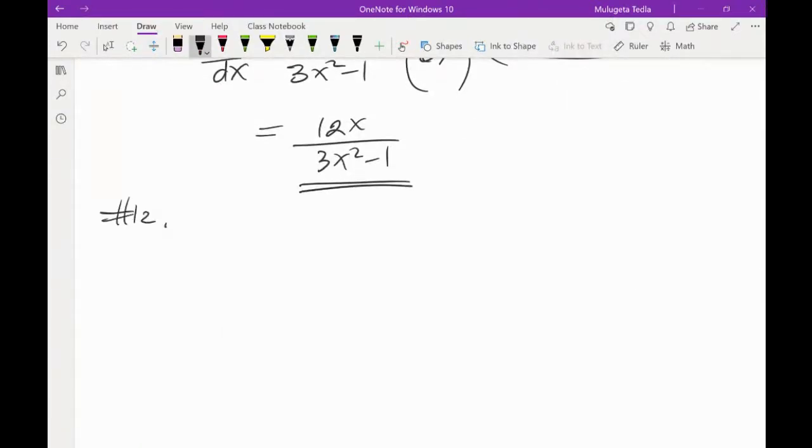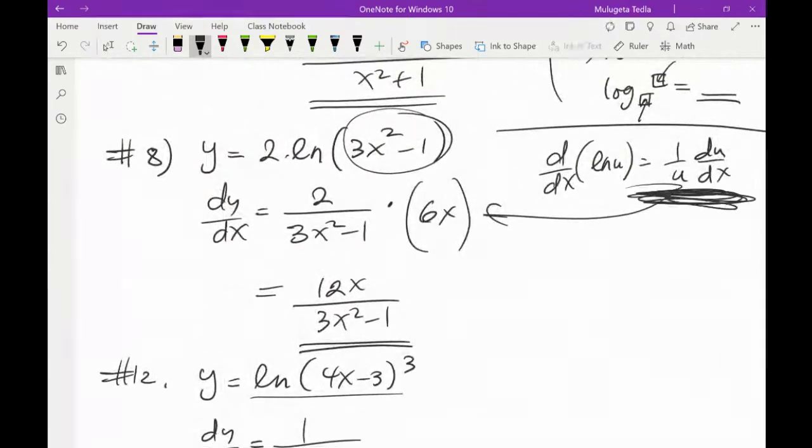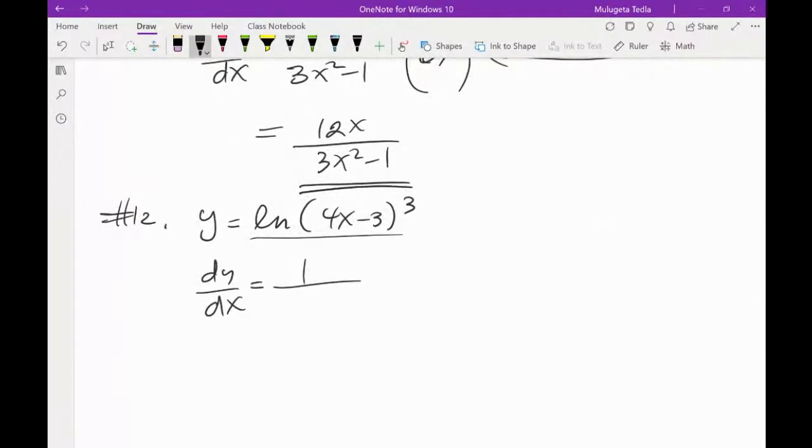Number 12, if we have y equal to ln of 4x minus 3 cubed, dy by dx would be simply, there are 2 ways to do this, but dy by dx is 1 over the input according to the rule, right? This is my rule. 1 over u, 1 over 4x minus 3 cubed times the derivative of u. The derivative of u is a power rule. Bring the 3 up front.